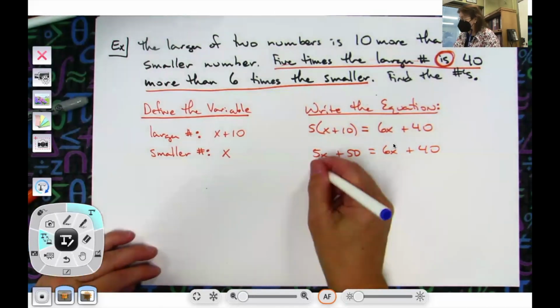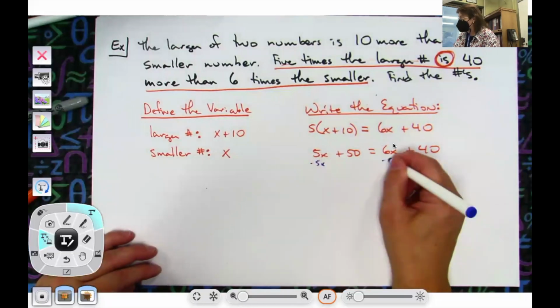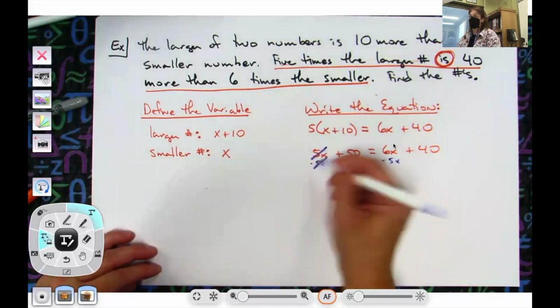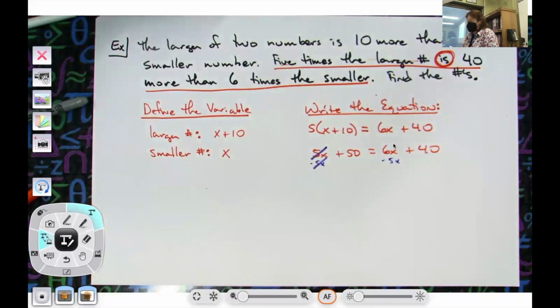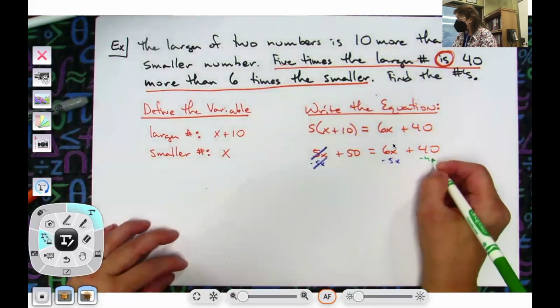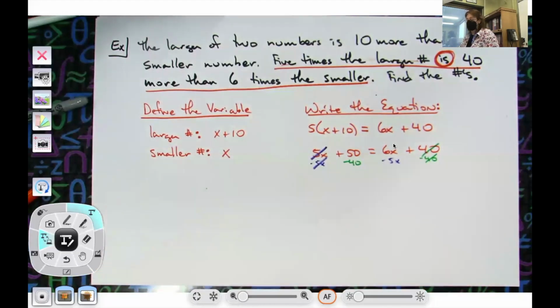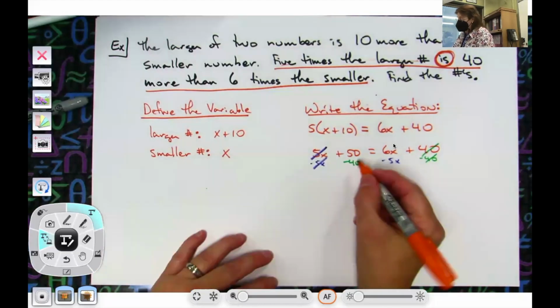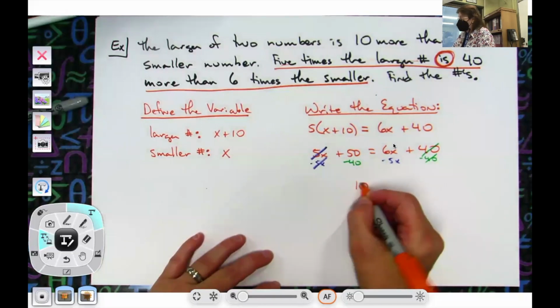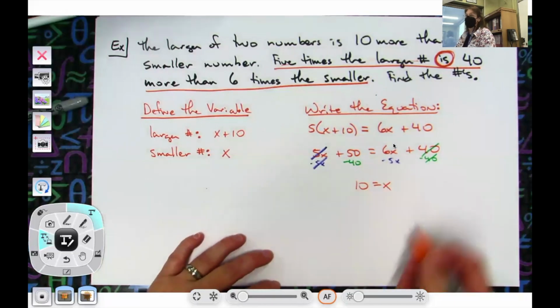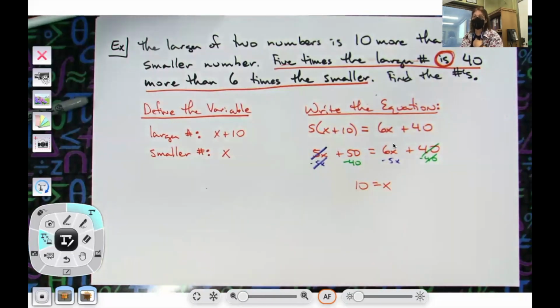So if I did minus 5x here and minus 5x here, the x's cross out on the left-hand side, and that's totally fine. And then I would need to subtract 40 from both sides. It doesn't matter which way I go and which way I move the x, just as long as I isolate it. All right, so over here, I'm going to get 10. 6x minus 5x is going to give me an x. It just solved a lot quicker there. I didn't have to divide by a negative. Okay, so x is 10.